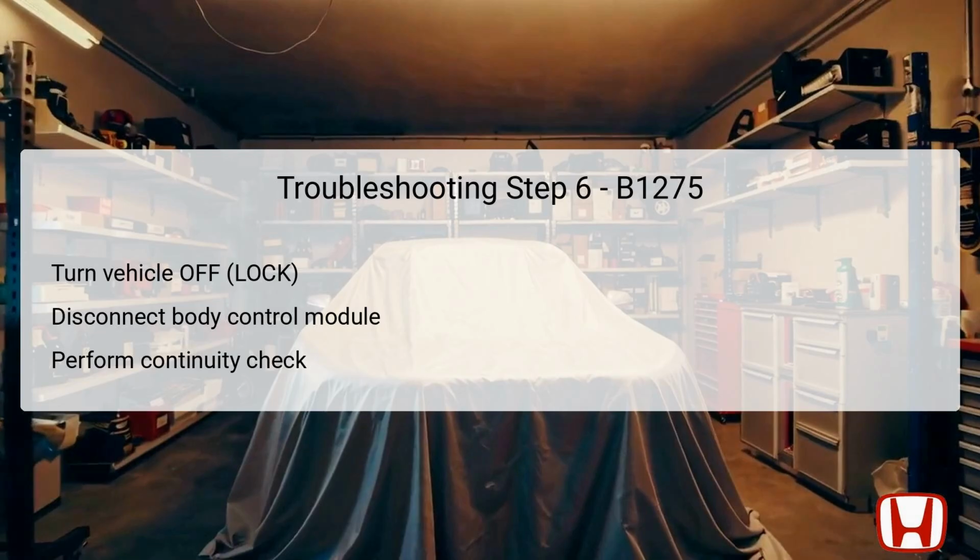The final troubleshooting step again involves placing the vehicle in off, lock, mode and disconnecting the body control module 66P connector. At this point, you're looking to check for continuity between the body control module and the combination light switch for faults that could cause an open circuit or high resistance.